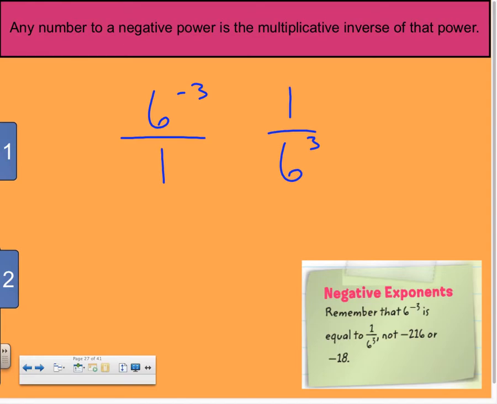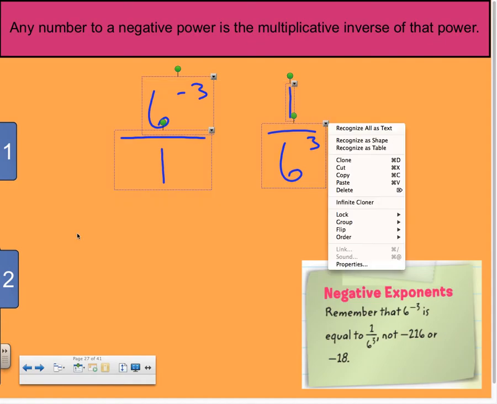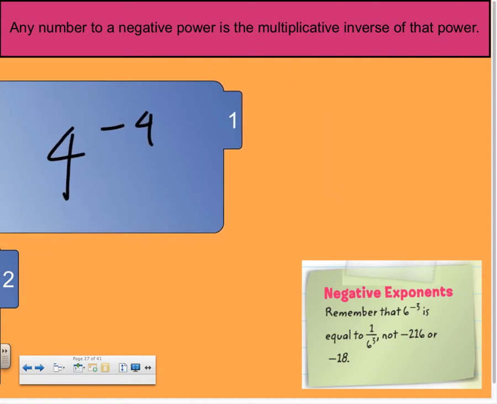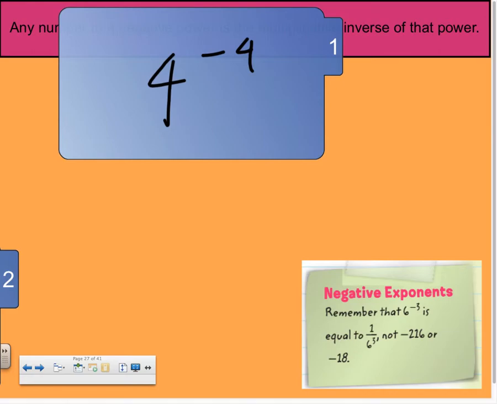Okay? Let's see how well we're grasping this concept. Here's another example. Tell your neighbor what you think that would be if we wanted to try and rewrite it using a positive exponent. I don't want negative exponents. How can I rewrite it using a positive exponent? Okay, who wants to take a guess? Devin, what is your guess?